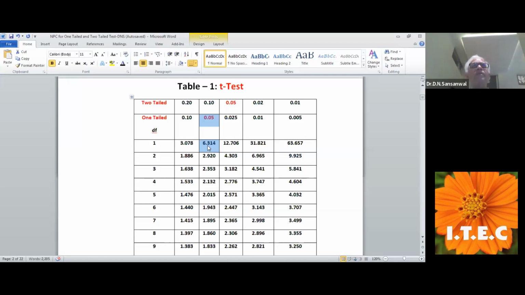So this is the point that you should try to understand here. So therefore at the one-tail test, you require a smaller value, and at the two-tail test, you require a higher value.